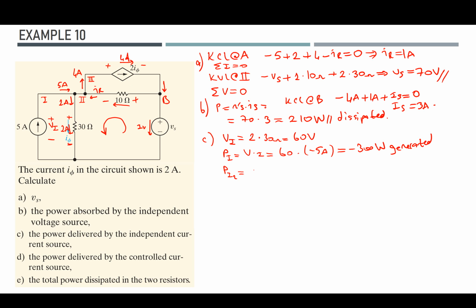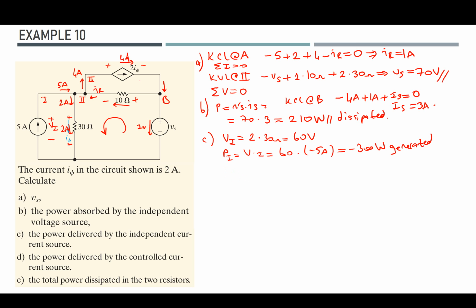So it's going to be 10 volts, because you can simply write down a loop. Basically you can write down a KVL in the first and the third loops to see that the voltage across these can be calculated.